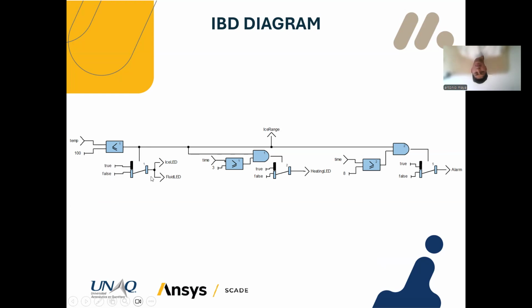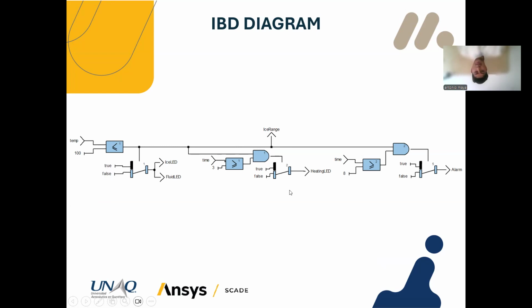And if not, they're going to be false, so they're going to stay turned off. This value indicates that there is ice on the surface, so this flag is going to be turned on all the time when this condition is met.